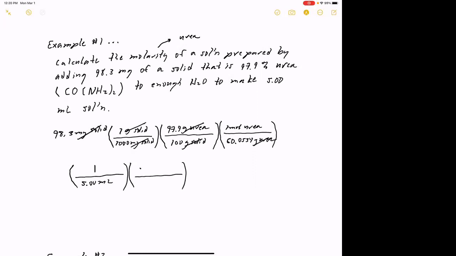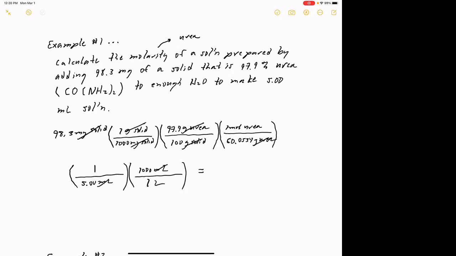So I know that for every 1,000 milliliters of my solution, I've got 1 liter of solution. Okay, so notice I'm left with moles up top. Milliliters will cancel here and here. So now notice what I've got left. I've got moles of urea in the top divided by liters of solution in the bottom. Okay, so now when I work all this out, looks like I'm going to be good to 3 sig figs.